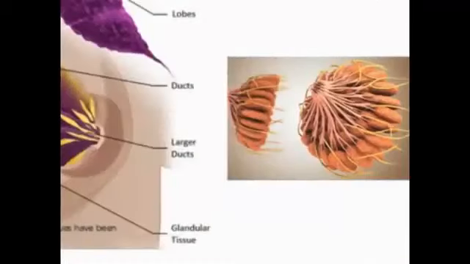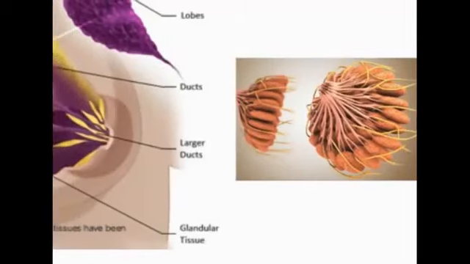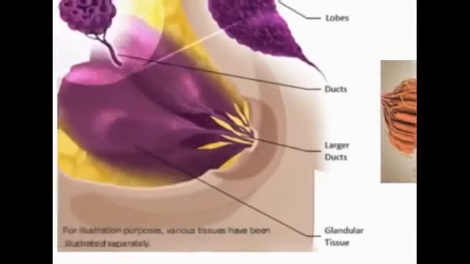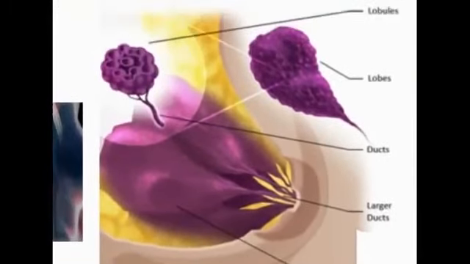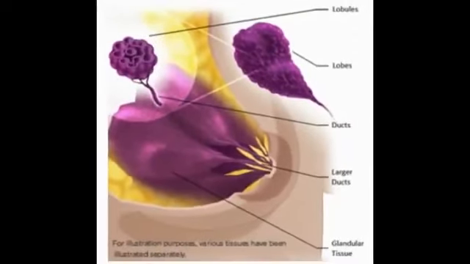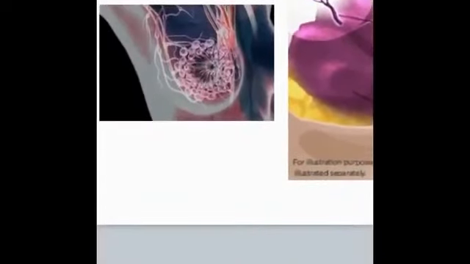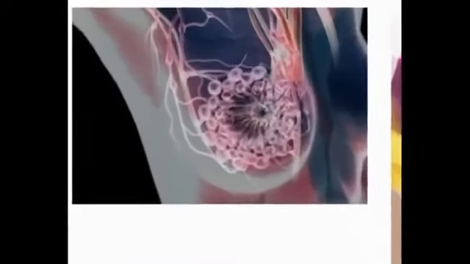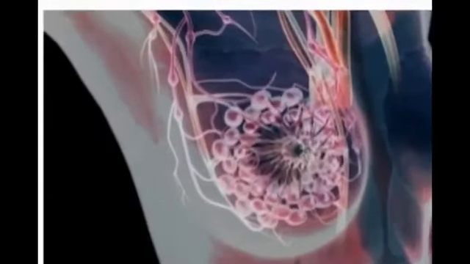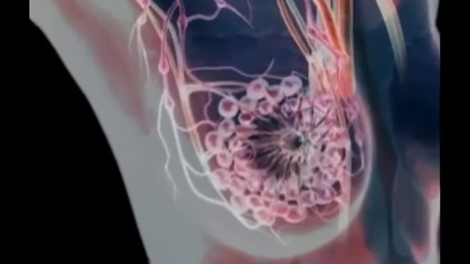Okay, then we go to the next slide. The next slide is visible for you what is the inner structure of the glandular mammae. Actually, this is the combination of the duct system, and it is so similar to structure of our lungs.